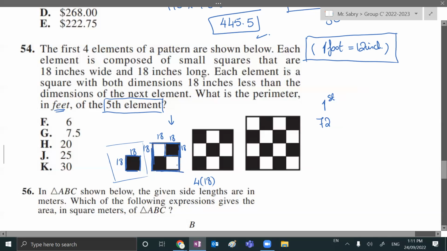So the parameter has increased by another 72. So the second shape has a parameter of 72 plus 72. The third shape, 72 and 72, is 144, and then I add another 72. The fourth shape, I'll add another 72 and so on. I'll keep adding 72. Does that make sense?